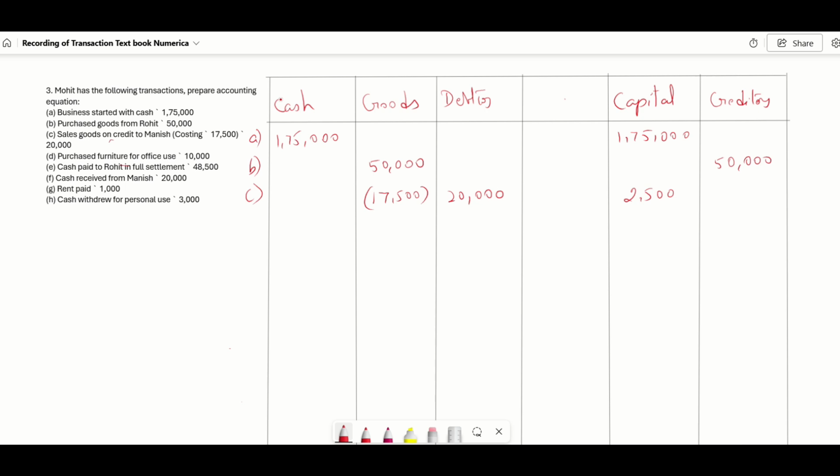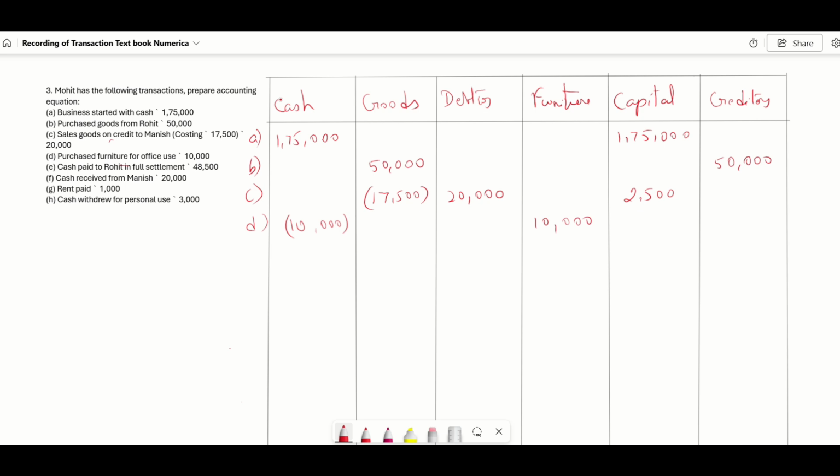Okay. Then D, purchased furniture for office use. So this is a cash purchase, 10,000. That we'll deduct from the cash. Furniture 10,000. So both are asset. One asset is reduced, other is increased.